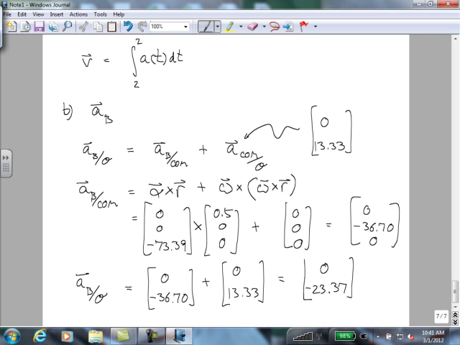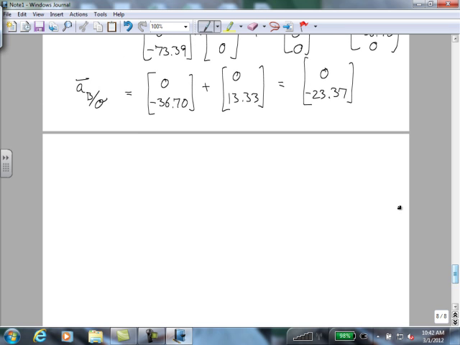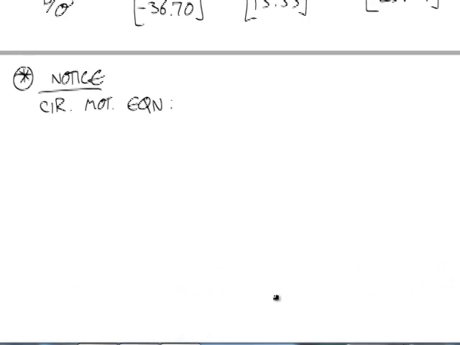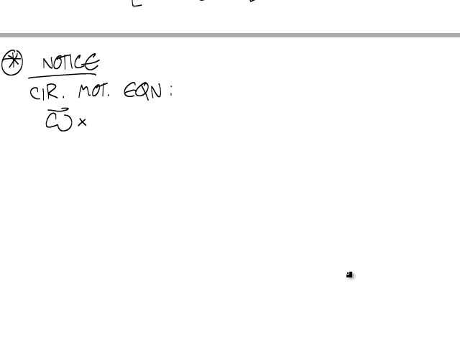Okay, so one thing that's worth noticing is when you use the geometric constraint equations in that circular motion equation, I think I have mentioned this before, but omega cross omega cross r is a centripetal acceleration. So intuitively, that should always be 0 if the thing isn't rotating, okay?